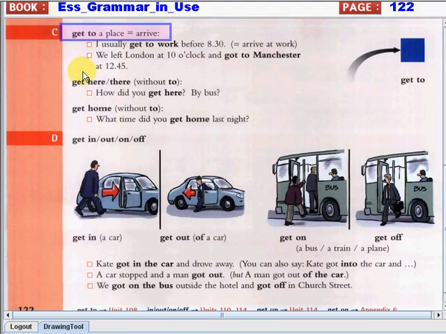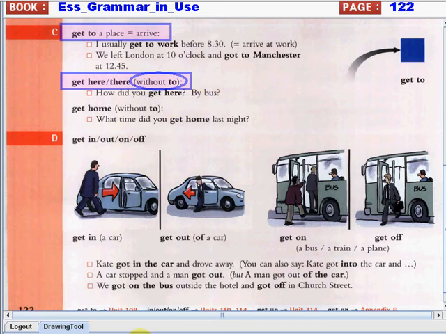You may also use the word get plus the word here or there without using the word to. For example, how did you get here? By bus? Did you notice that?